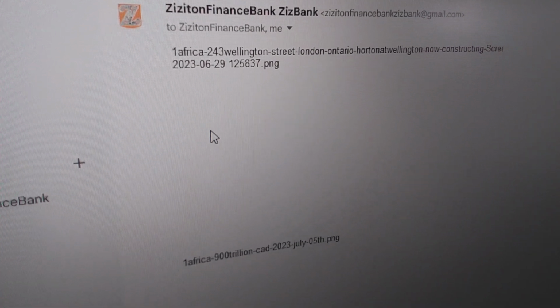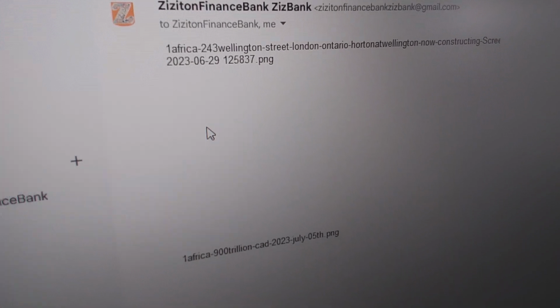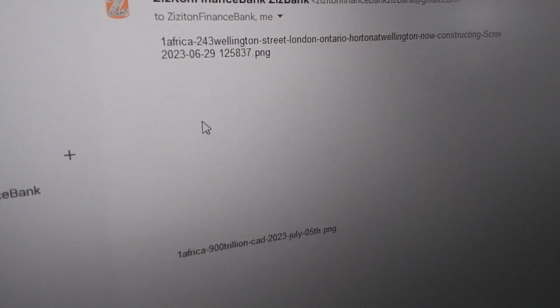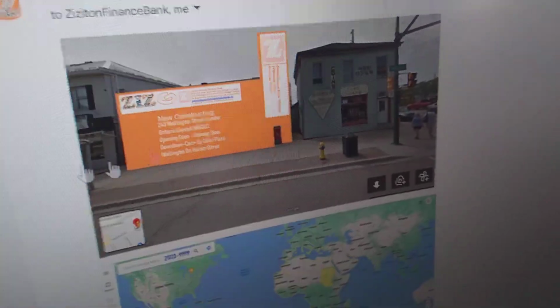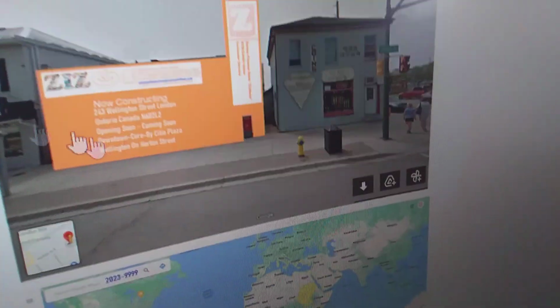This is how it was, and that's how the construction itself is. Okay, the construction itself is here. That's how it is. This one here was demolished now. That's how it looks.